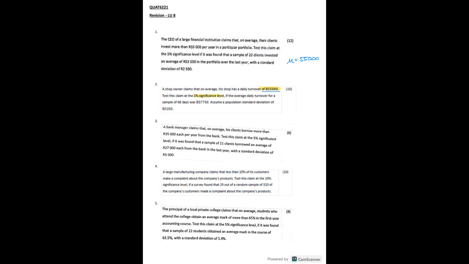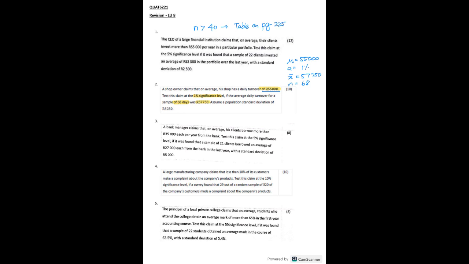So alpha is 1%. If the daily average turnover for a sample of 68 days was 57,750, so your sample mean is 57,750. Your n is 68. That is a sample size of greater than 40. So then you're going to use the table on page 225 of your textbook, not table 2 that I just showed you just now.